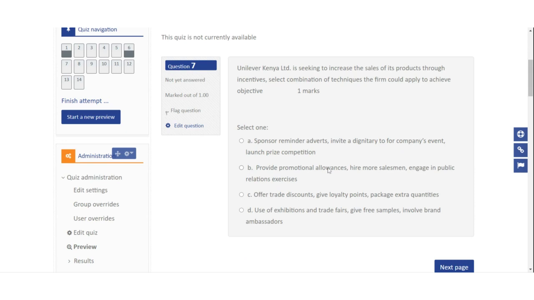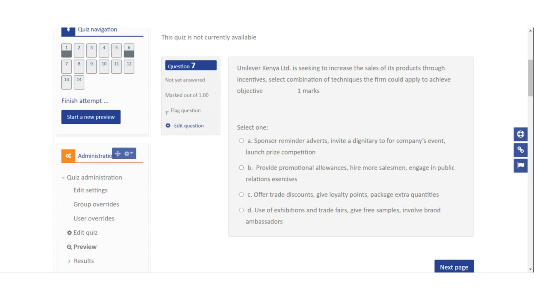Providing promotional allowance targets resellers like wholesalers. Hiring more salesmen is a personal selling activity. Engaging in public relations exercises is a PR activity.